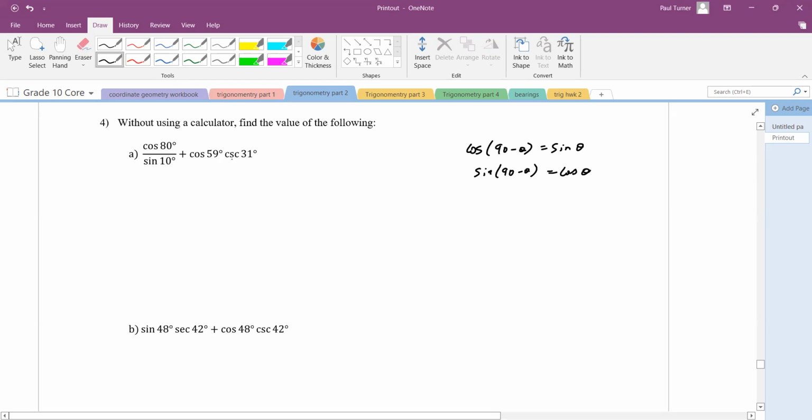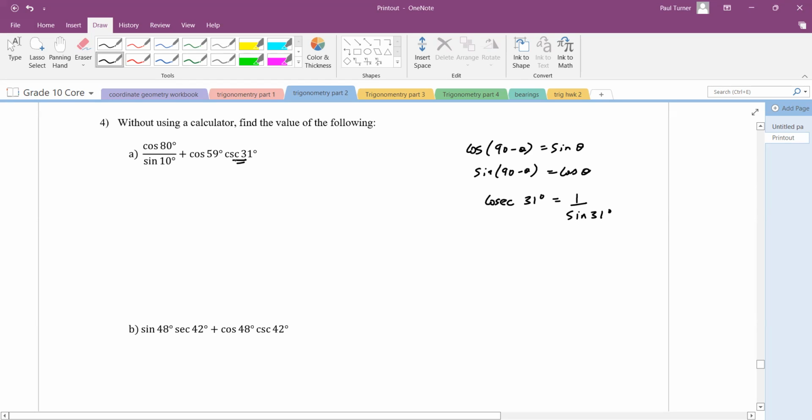But we notice we've got a cosec 31 here, and I want to change my cosec 31 to 1 on sine 31 degrees. So we want to change cosec to 1 on sine.